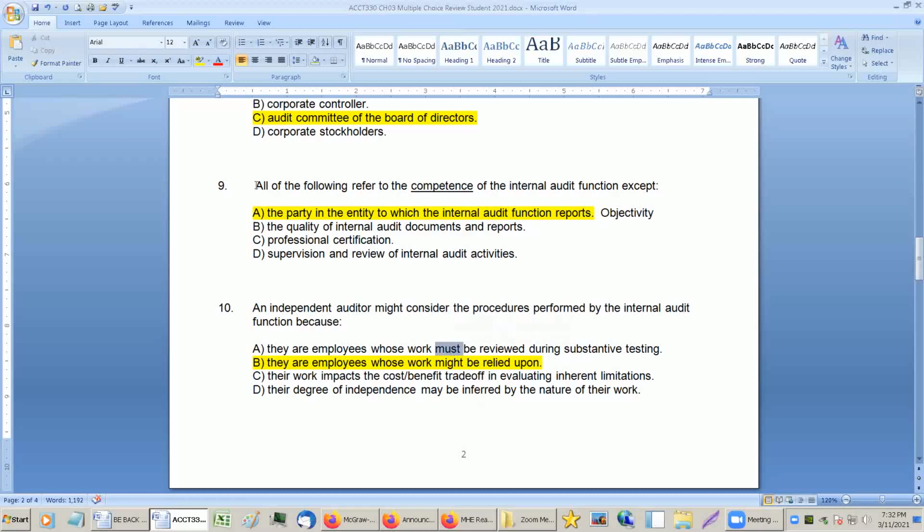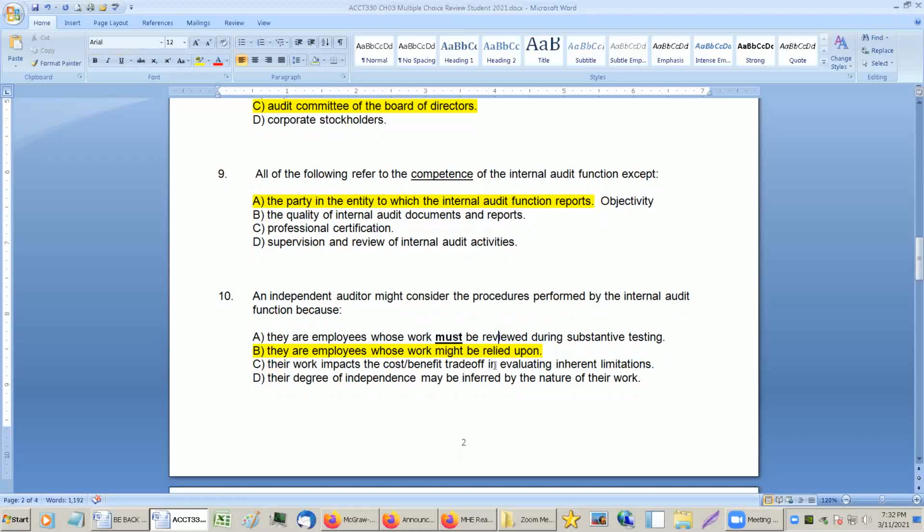The key word that knocks this one out is must. They don't have to use the internal auditor's work. They can, they may, but they don't have to. That's not a bad one either, this last one. It could be, but this is usually the best one though. You might rely on it.